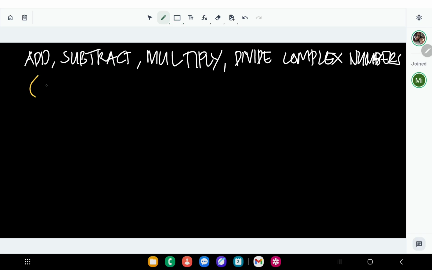What if we're given this one? (2 plus 5i) plus (4 minus 7i). So when we add complex numbers, we only add the real parts together, or group them together, and then we add the imaginary parts separately. So let's get rid of the parentheses first.